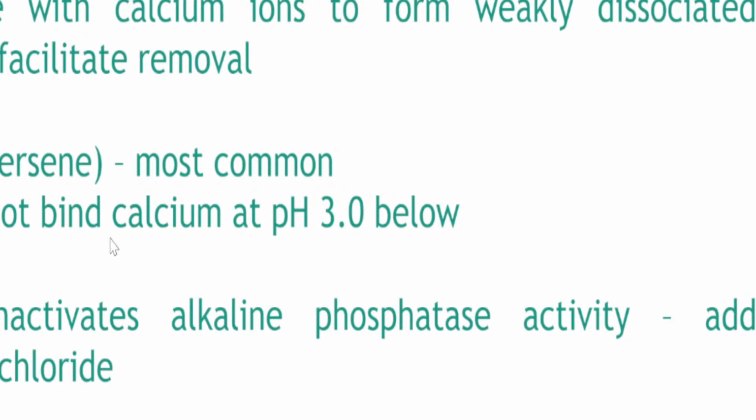So do not make your Versene too acidic. You have to buffer it to above 3.0. Otherwise, it won't bind to calcium. EDTA inactivates alkaline phosphatase activity. Therefore, you can't use it for immunohistochemistry studies, though. But if you really want to, you can add magnesium chloride.